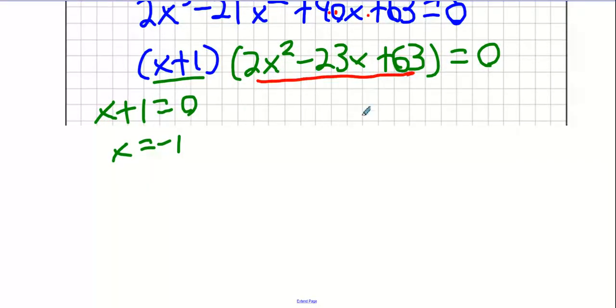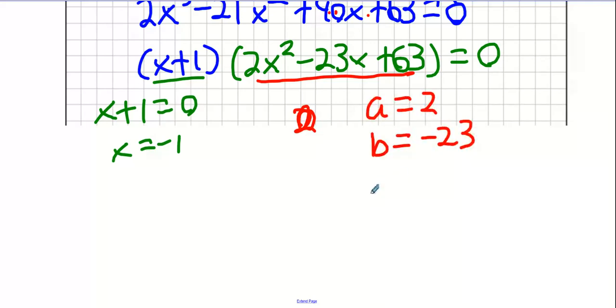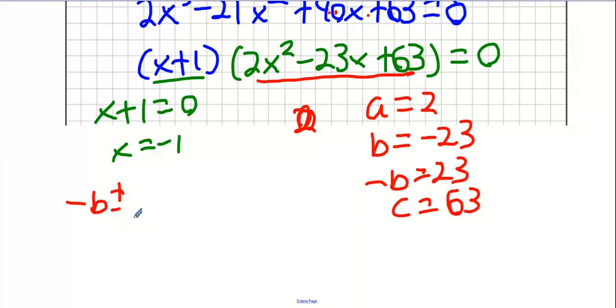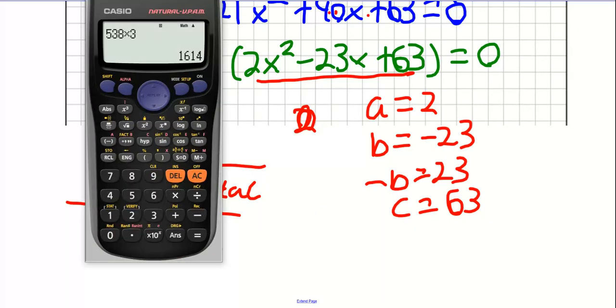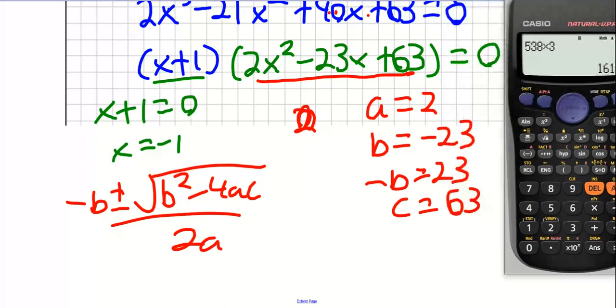The next answer is going to be solving this. So we can put the a value equal to 2, the b value equal to minus 23, the minus b value equal to 23, and the c value equal to 63. Then we do the minus b formula like so. I'll just do it in the calculator, save myself a bit of time.